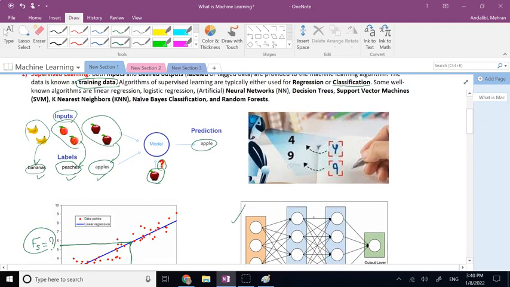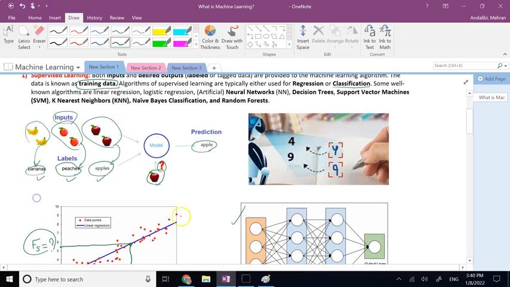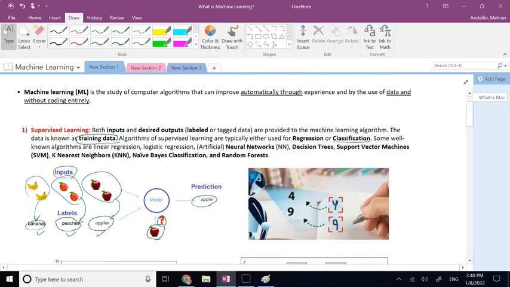But in classification, the goal is not to come up with a numerical value as the output, it is to come up with a class. So here the output is a class.